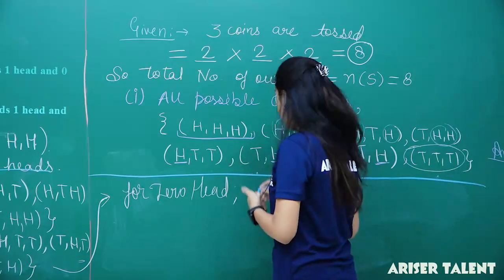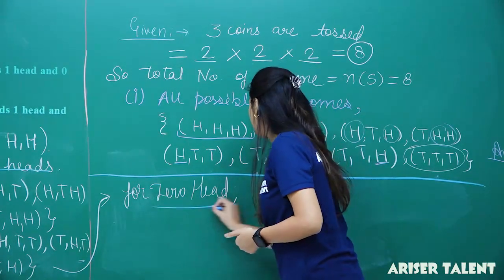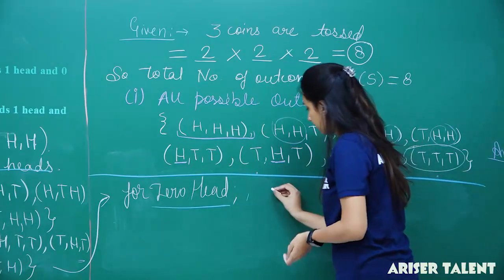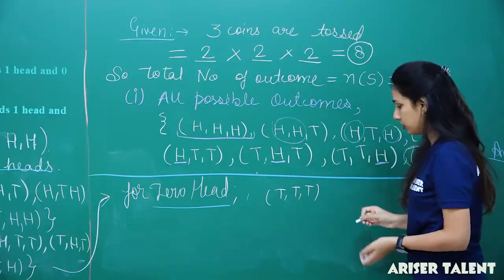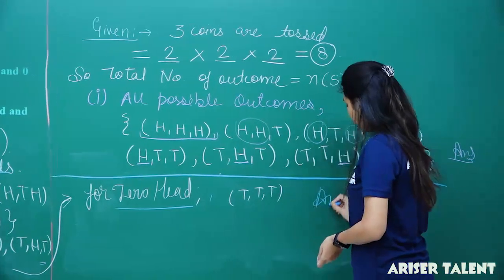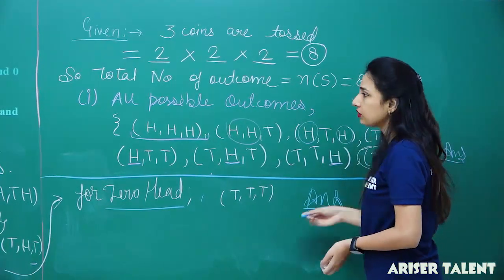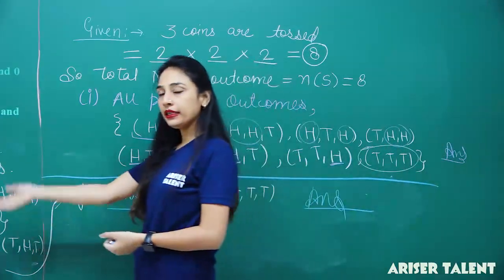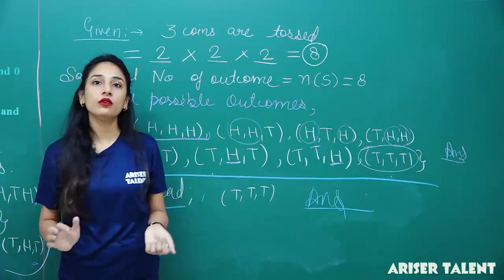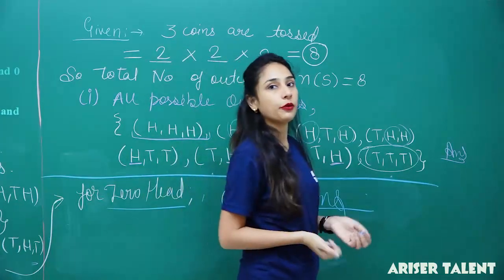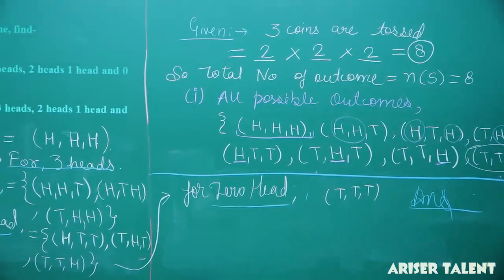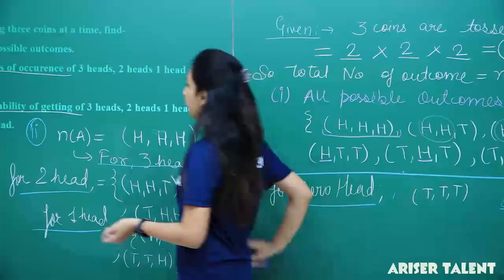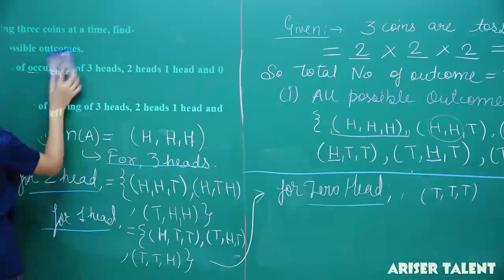Tail, tail, tail. So tail, tail and tail, this is your answer. Okay students, now note this too, that is your second point. The previous point that we have covered is the third point. Okay, note this. Alright, so should we move to the next question?